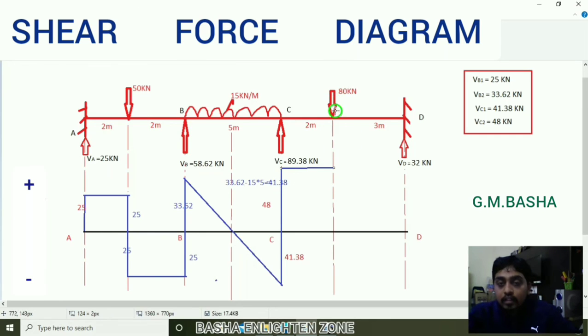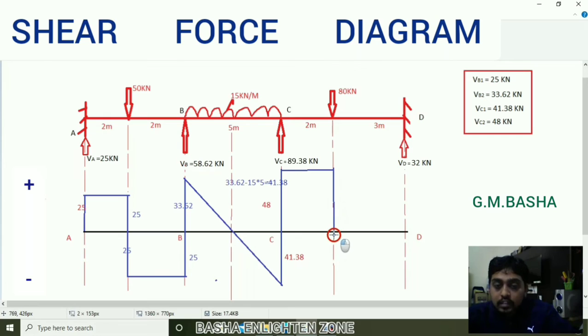Again from here there will be an 80 kilonewton load acting. So up to here no load is acting, therefore I am taking a constant line, and again from here there will be a downward load. The downward load will be 80 kilonewtons.